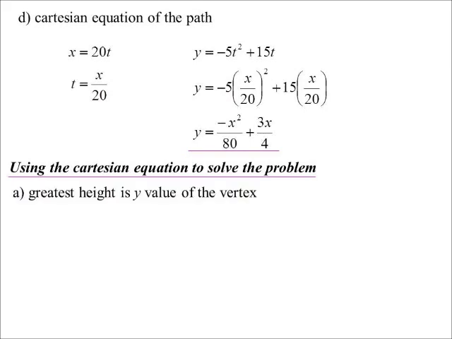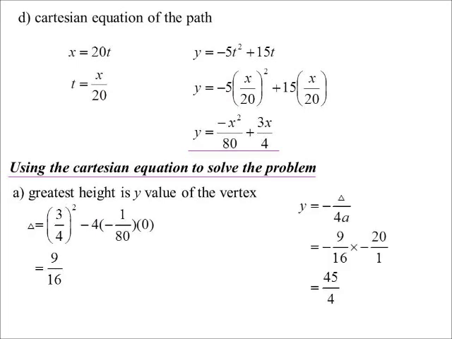So the first one said what was the greatest height. Well, that would be the y value of the vertex. If I've got the equation of the thing, I can say, okay, the discriminant of that quadratic is 9 on 16. And I know the y value of the vertex will be minus the discriminant on 4a. And there's our answer, 45 on 4, same as before.